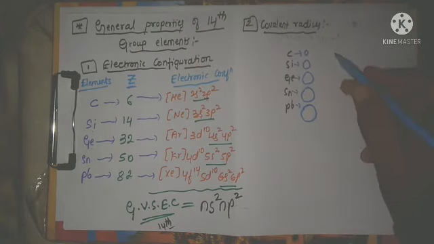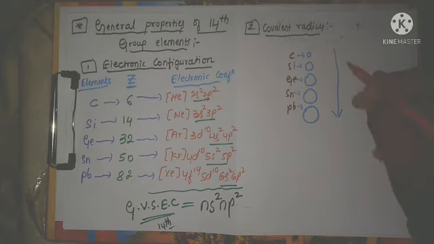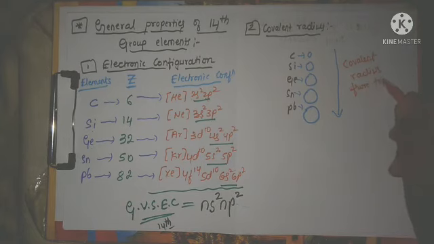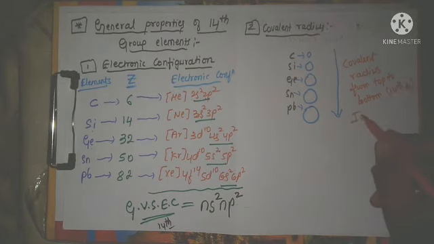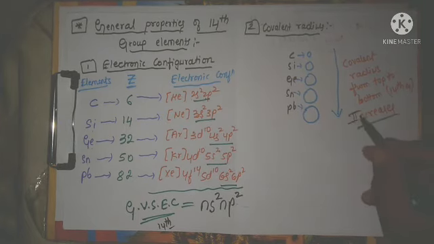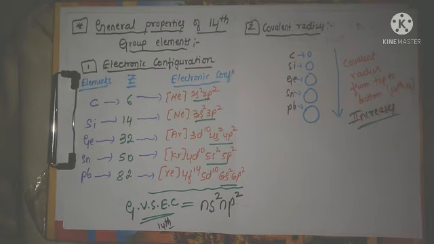So from top to bottom, along the group, the covalent radius, that is size, is increasing. In the 14th group, the covalent radius increases, right?